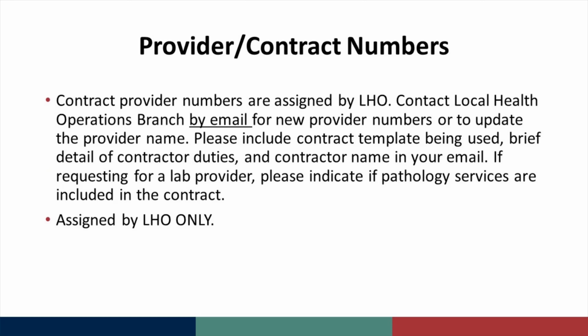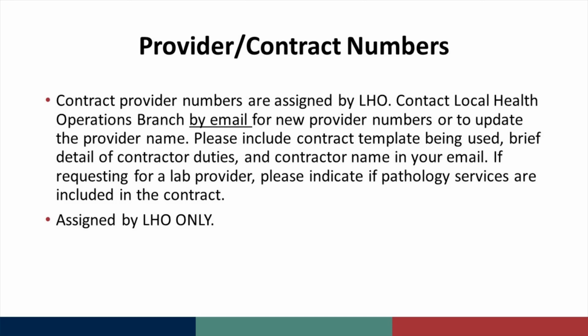Provider or contract numbers. Contract provider numbers are assigned by local health operations. Contact local health operations branch by email for new provider numbers or to update a provider name. Please include contract template being used, brief detail of contractor duties, and the contractor name in your email. If you are requesting a lab provider, please indicate if pathology services are included in the contract.